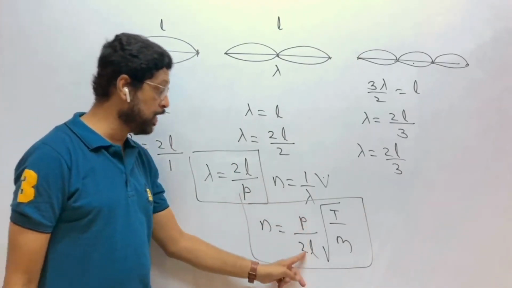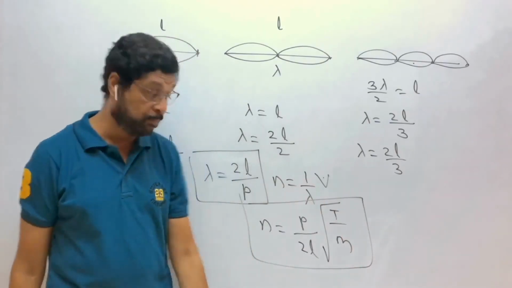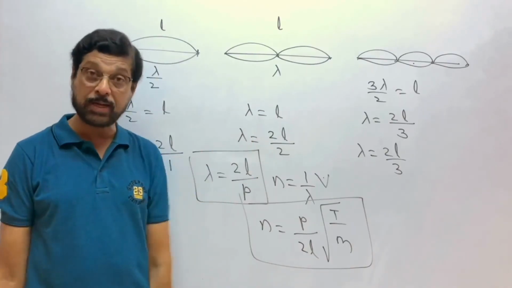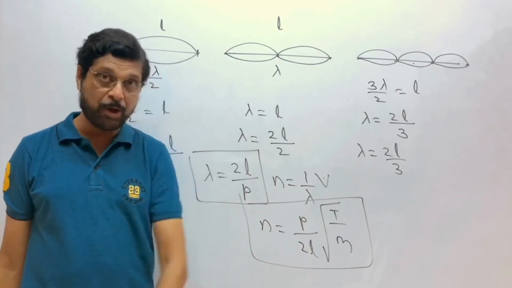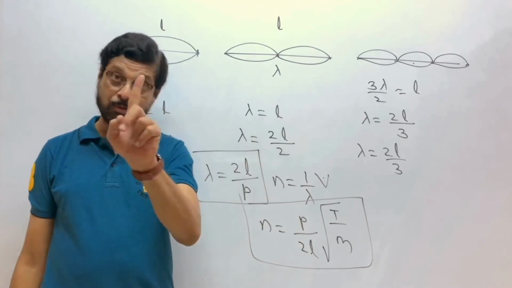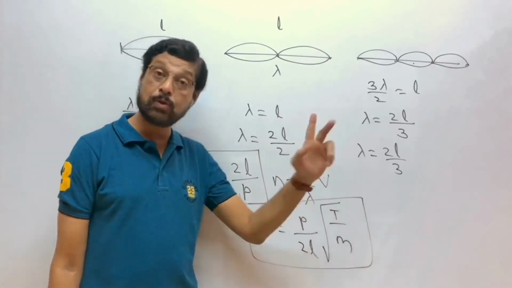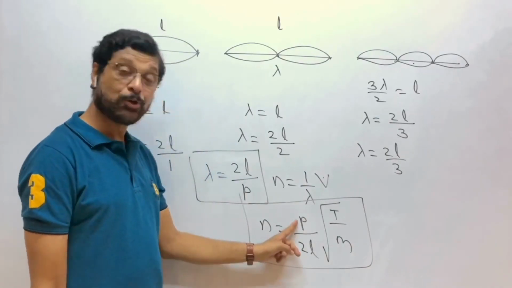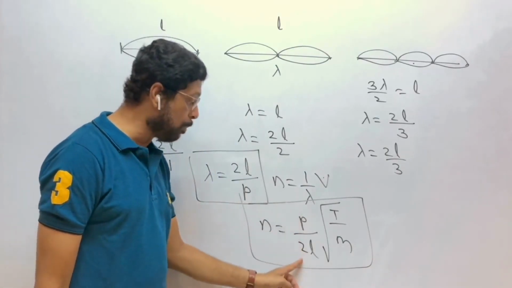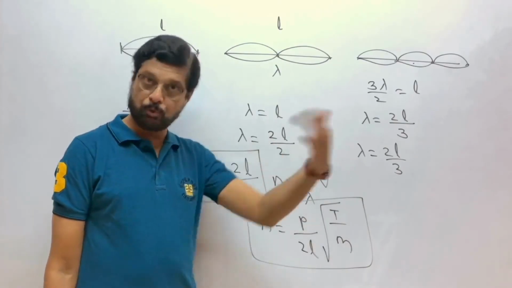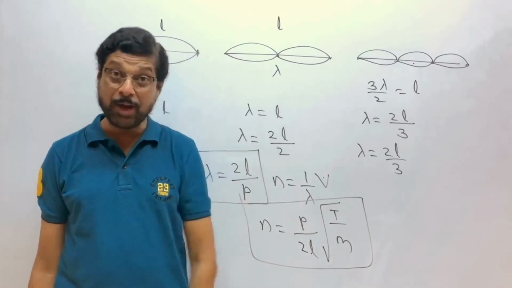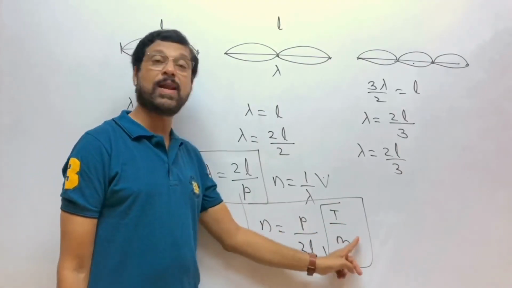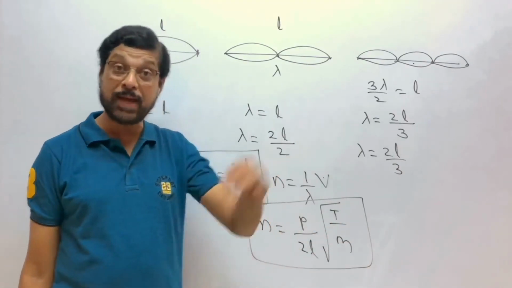N is equal to P upon 2L under root T by M, whereas P stands for number of loops or harmonic number. So for first harmonic, P will take as 1, means N is 1 upon 2L under root T by M. For second harmonic, will take P equal to 2, so N will be 2 upon 2L under root T by M, 2N. For third harmonic, will take P equal to 3, so N will be 3 upon 2L under root T by M, 3N, and so on.